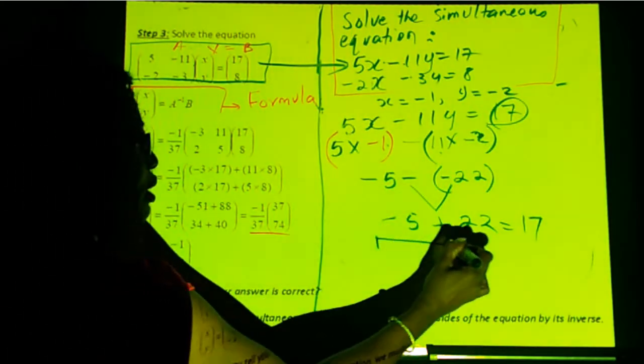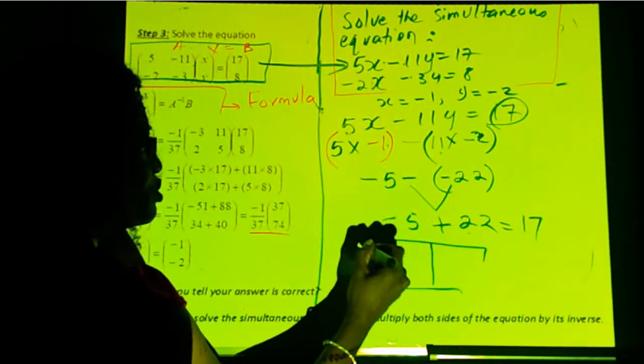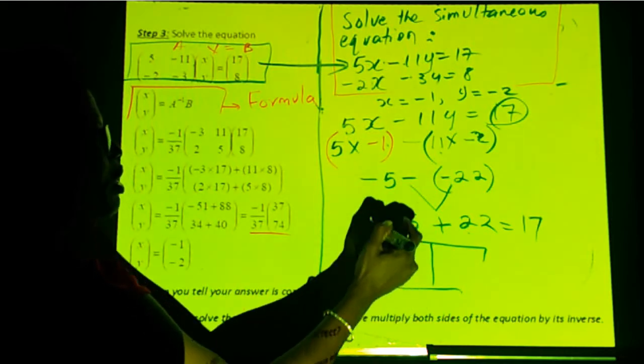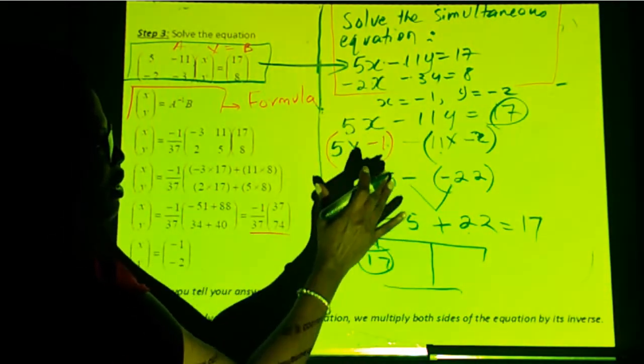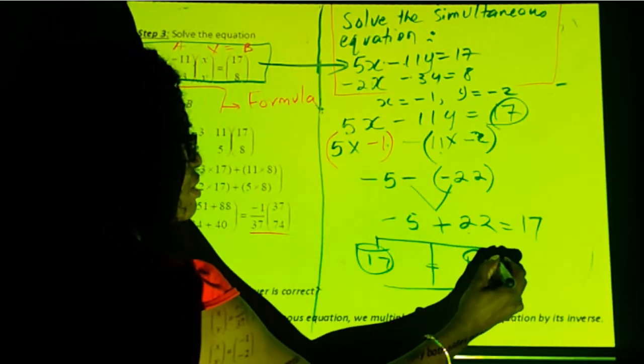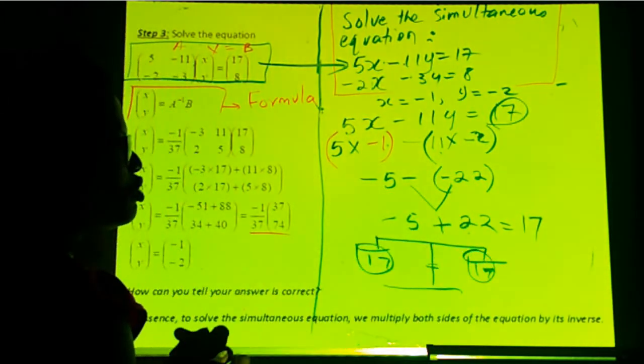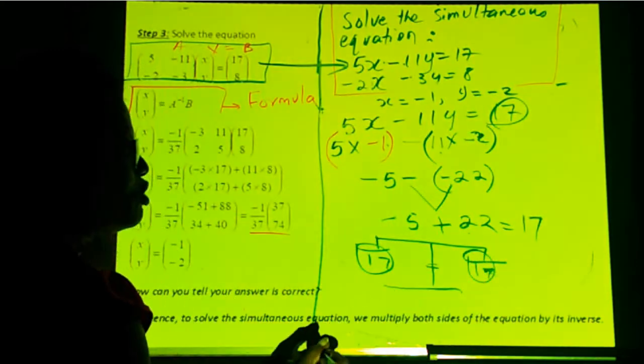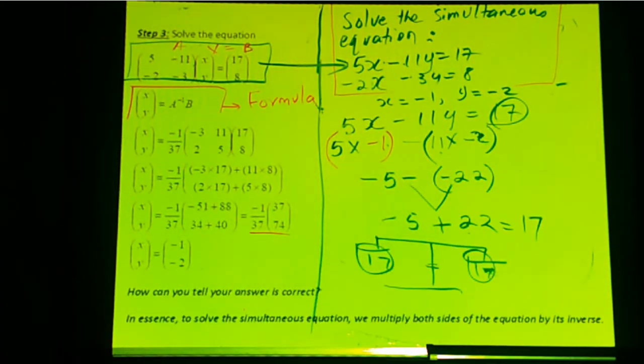So I love to draw my scale. 17 pounds of sugar on the left hand side is the same as the 17 pounds of sugar on the right hand side. My scale is balanced and my answer is correct.